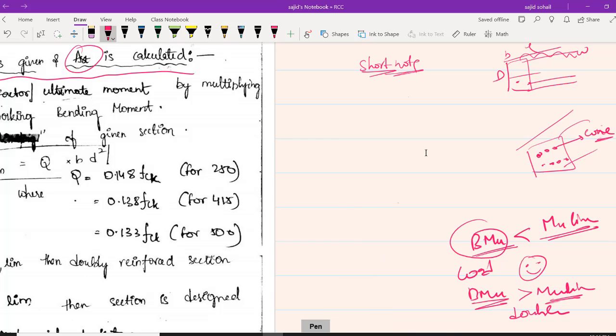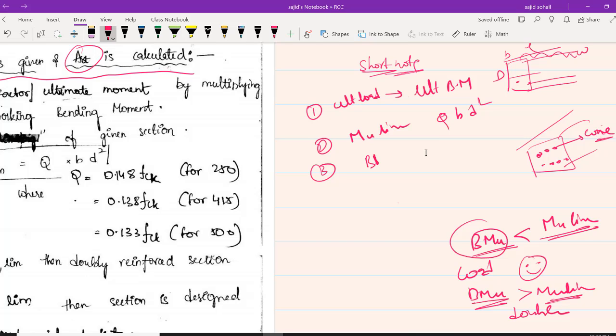Very clear for you. So the first step is to calculate your ultimate load, then calculate your ultimate bending moment. Second, calculate your MU limit, right, which is nothing but Q into BD square. Very simple. Third step, compare this. Compare your ultimate bending moment BMU and your MU limit.